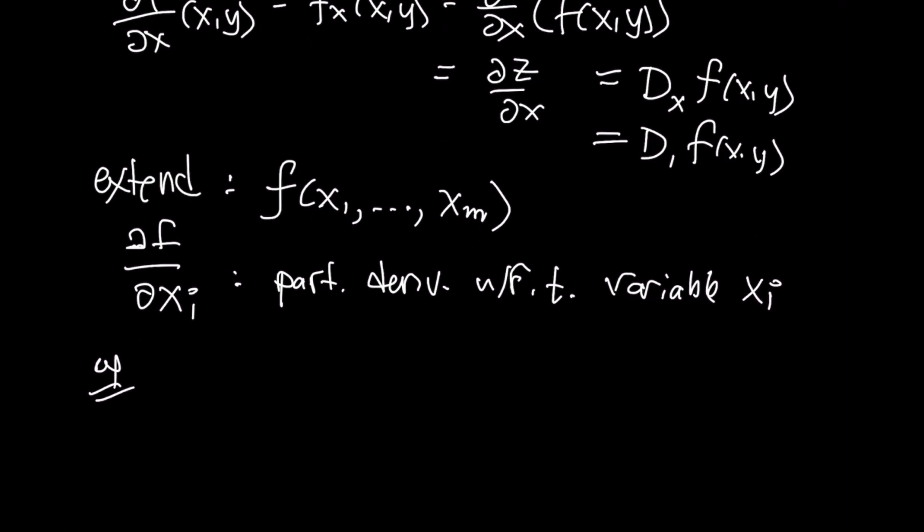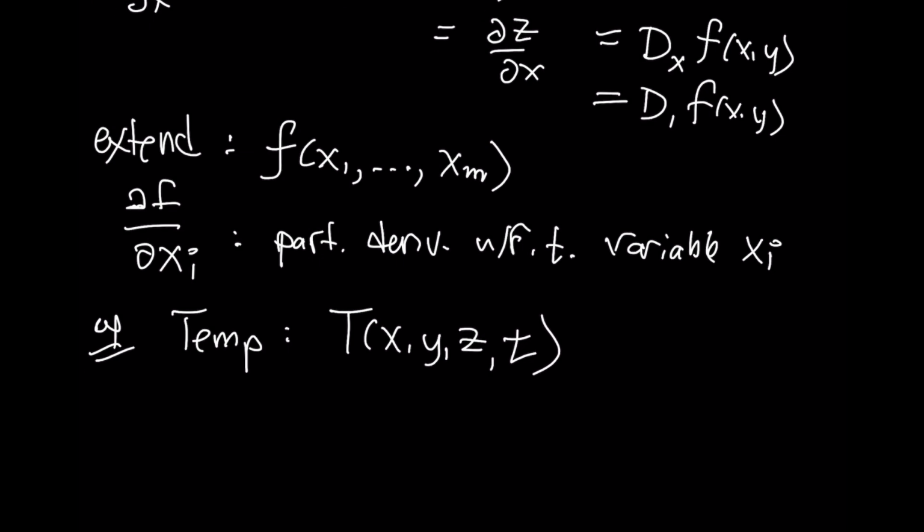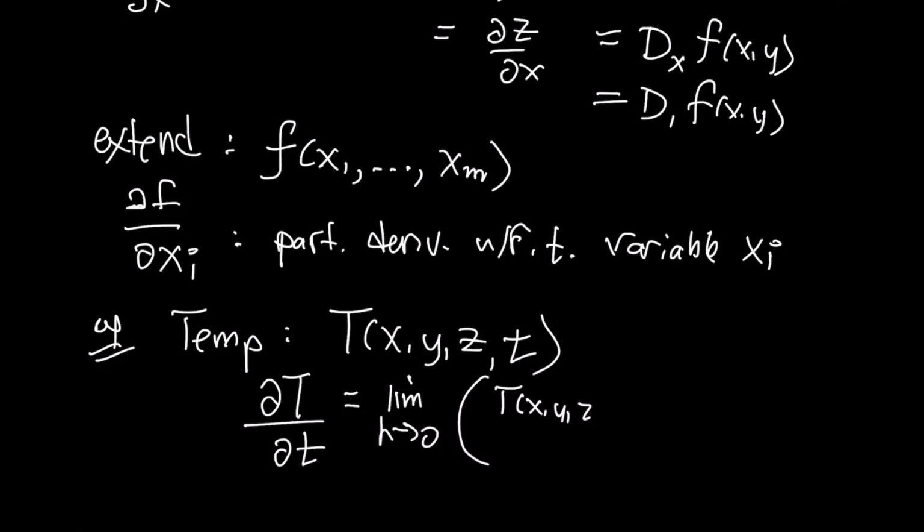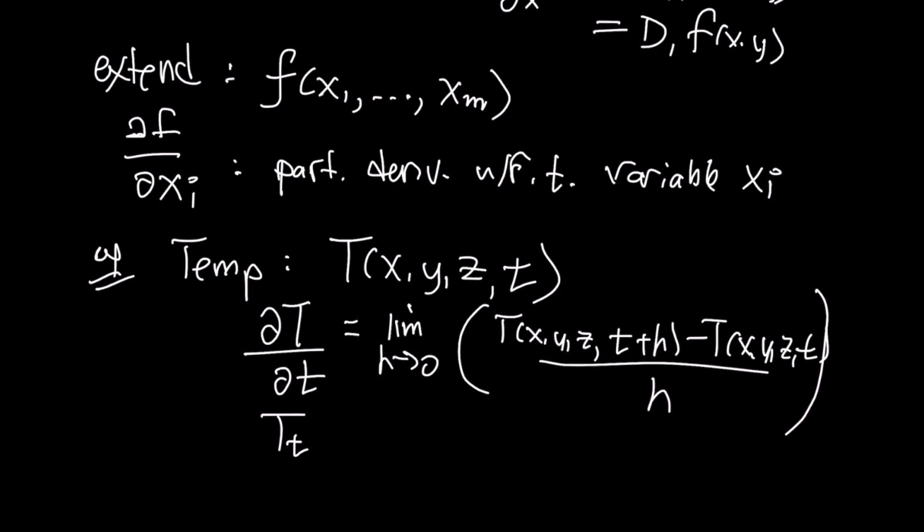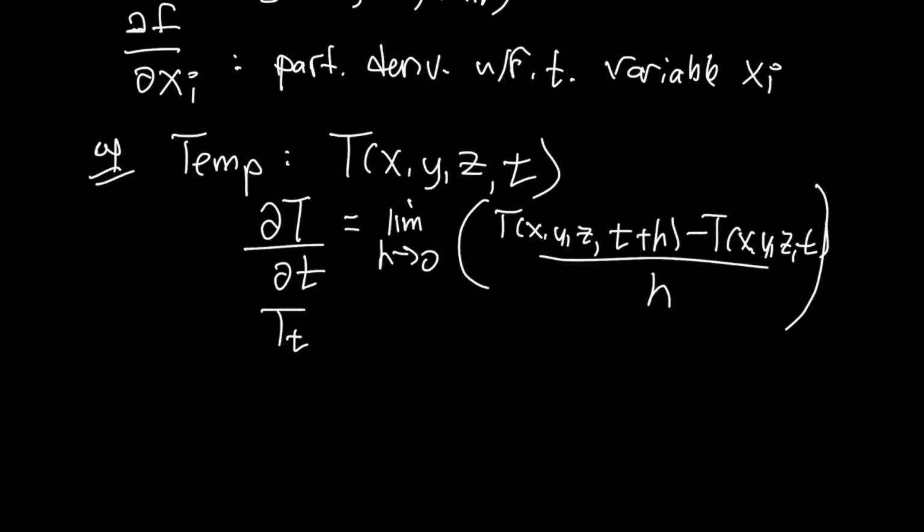So for example, if I had temperature as a function of spatial position x, y, z, and also as a function of time, I could talk about partial of temperature with respect to time, and this would simply just be the limit as h goes to 0 of this function T of x, y, z, t plus h minus T of x, y, z, and t all over h. You could use this notation, T with the small t there.